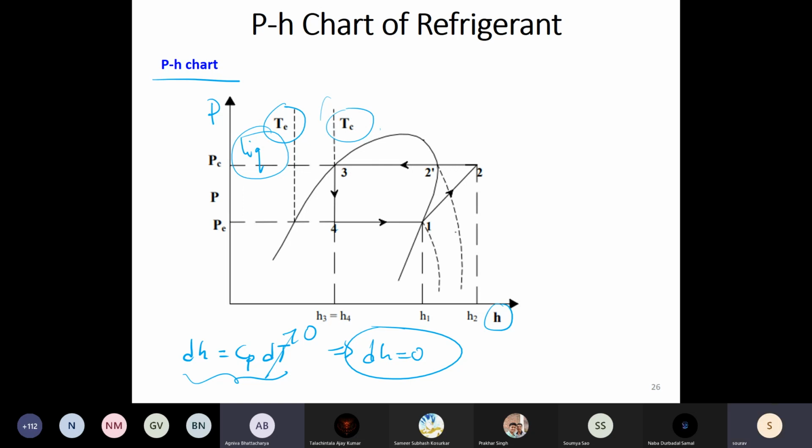Anybody? Can I write it in the two-phase region, liquid plus vapor region? Can I write it here? dH equals Cp dT.